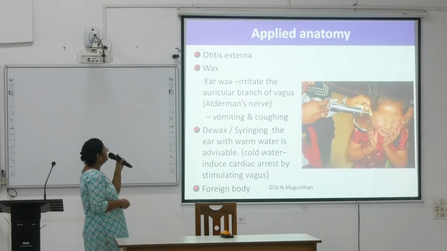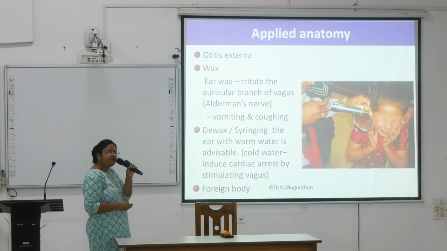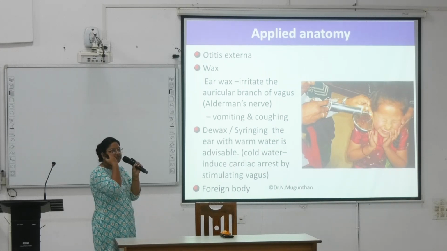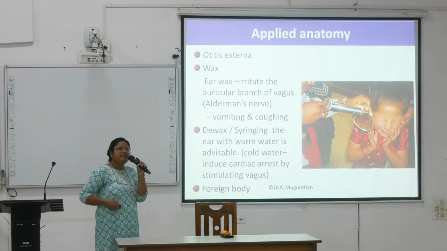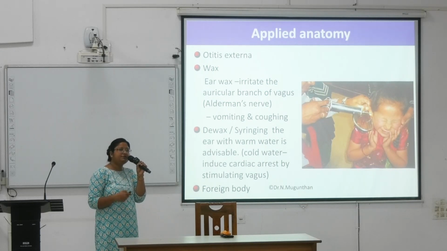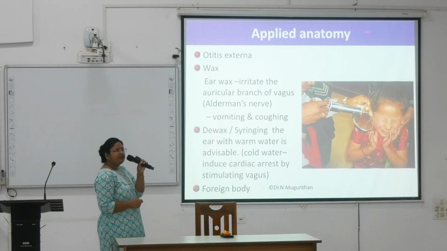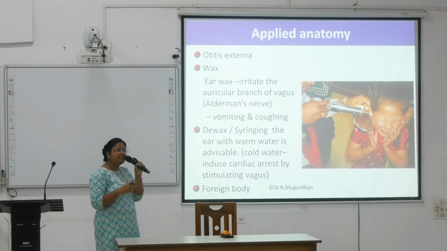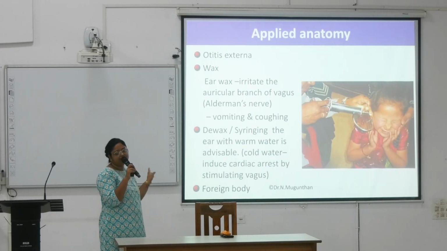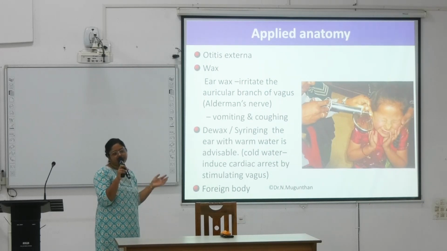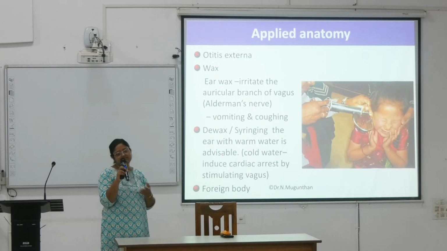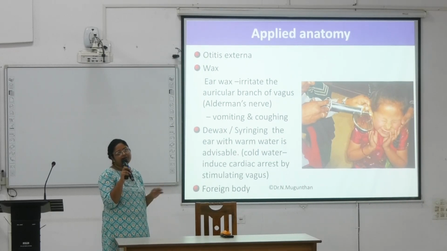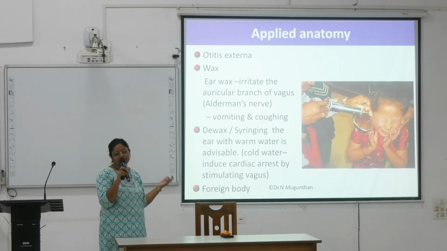Next, some applied aspects of the external auditory canal. Otitis externa is infection or inflammation of the external auditory meatus. Earwax formation also occurs here by the ceruminous gland, but normally, as the skin cells continuously move outward, the earwax is thrown out.